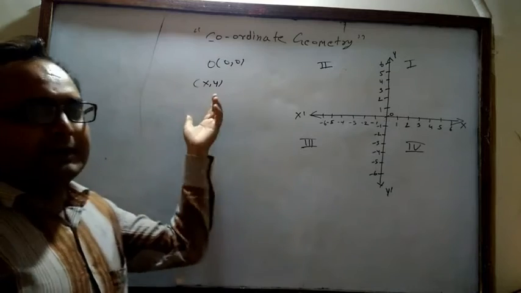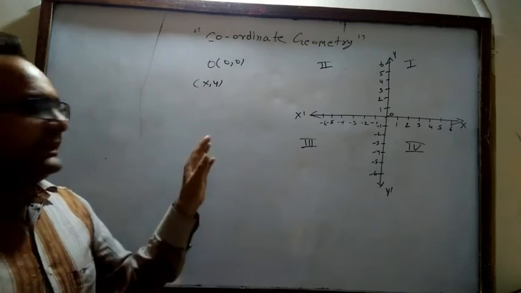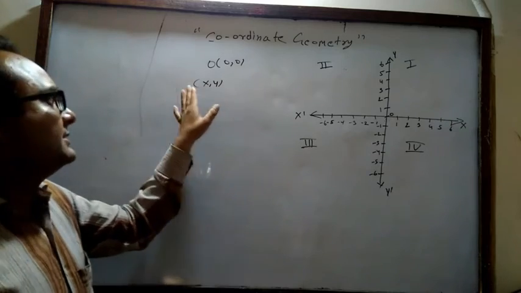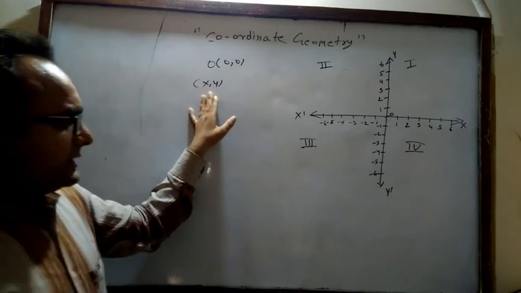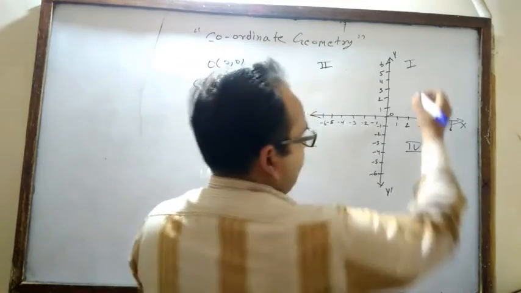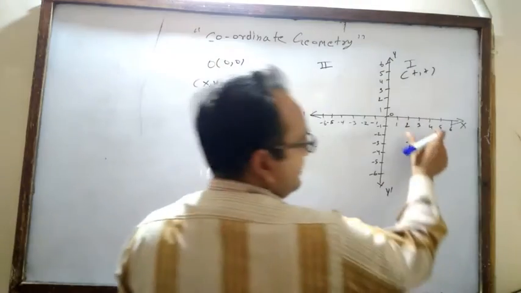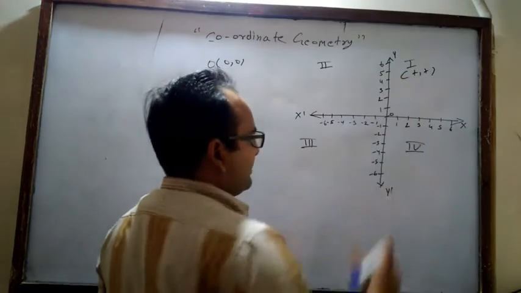So what are x and y? They are the coordinates of a point, written in the order: first x and second y. According to this order, the sign of the first quadrant is positive, positive, because x is positive and y is positive.